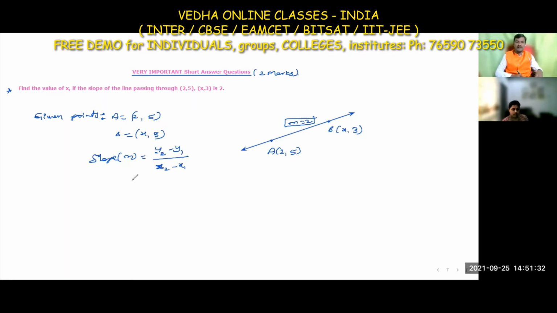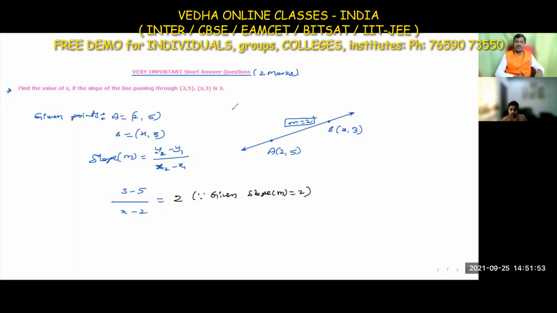If you apply the values here, 3 minus 5 divided by x minus 2 is equals to 2. This 2 is given in the question, given that slope m is equal to 2.